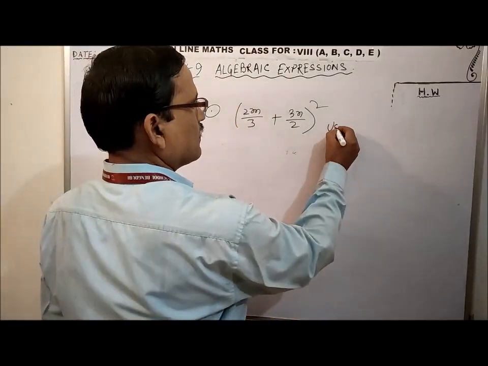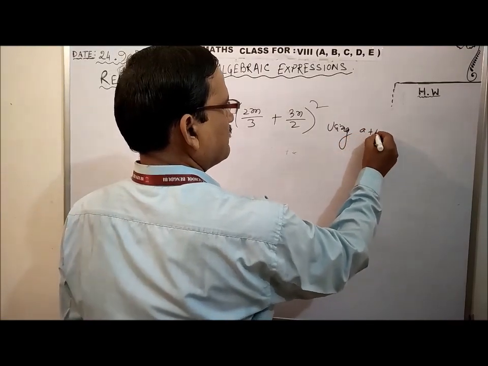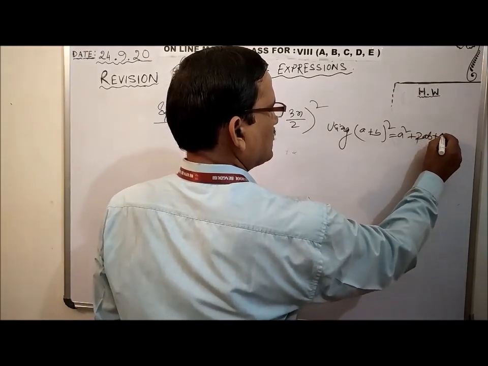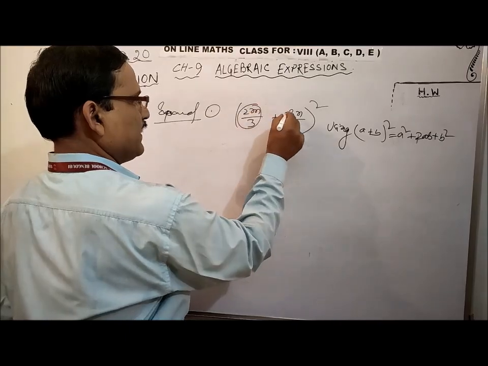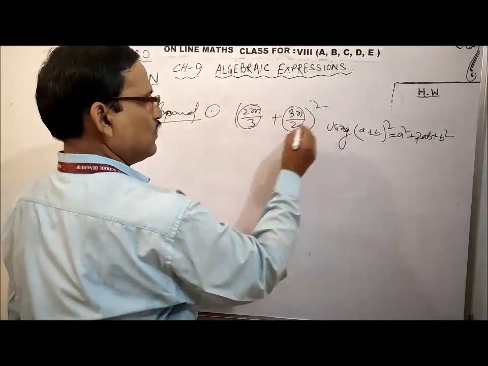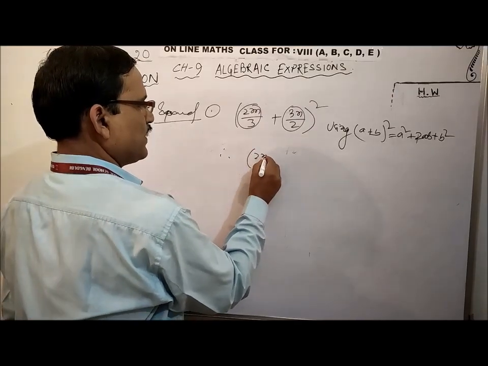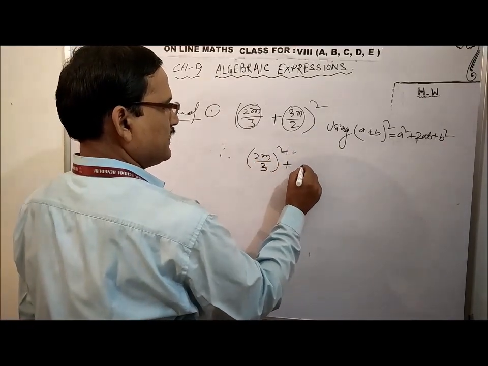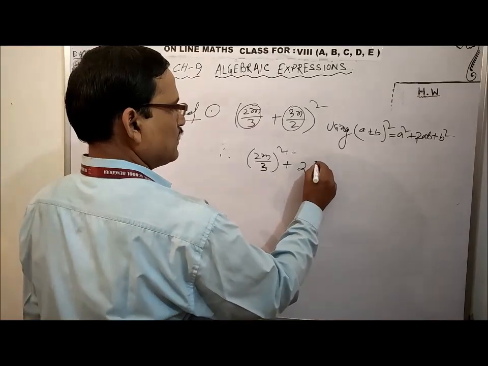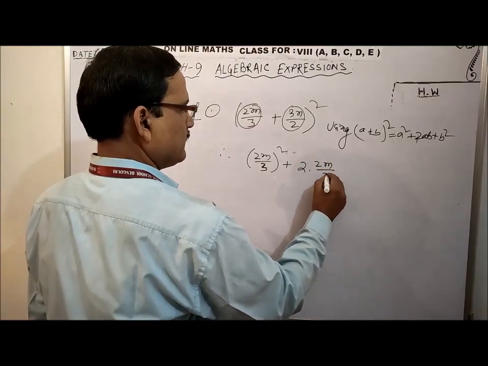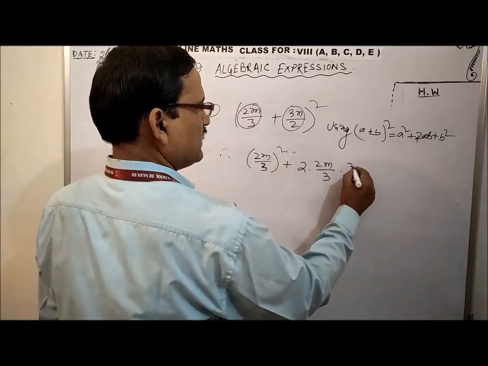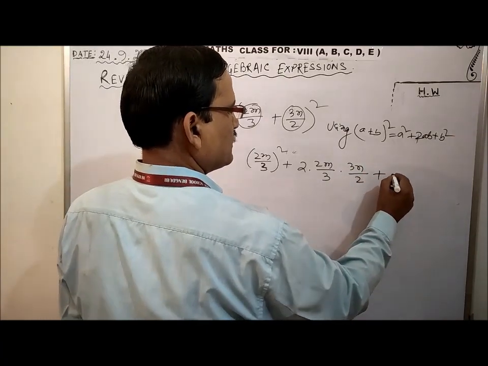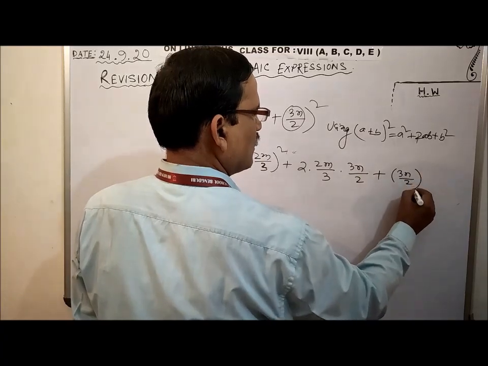So using what identity? Using (a plus b) whole square equals a square plus twice ab plus b square. So you have to treat this one as a and this one as b. Therefore it will be a square, meaning (2m by 3) whole square, plus twice ab, 2 into a meaning 2m by 3, into b meaning 3n by 2, plus b square meaning (3n by 2) whole square.